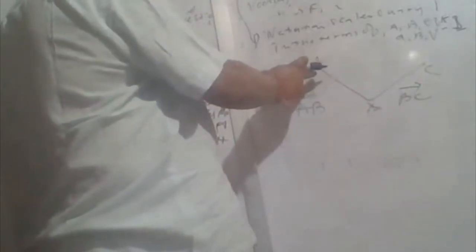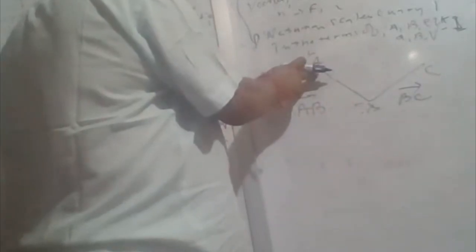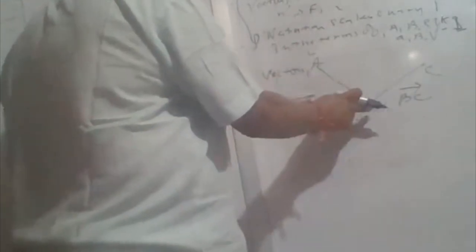And BC like this, you have to put one arrow on top of BC, because you have to put the direction also, since the particle is moving from A to B and B to C. This arrow shows the direction, from A to B, from B to C.